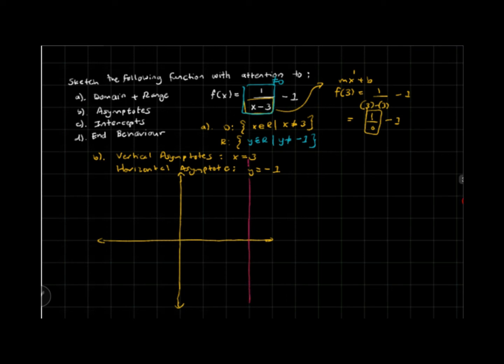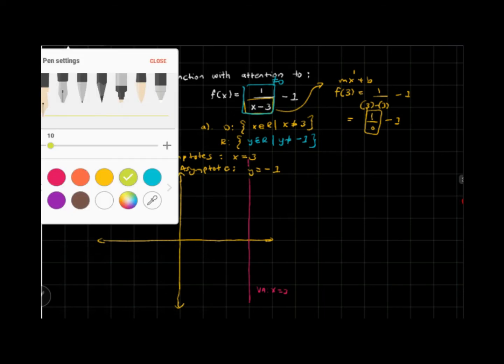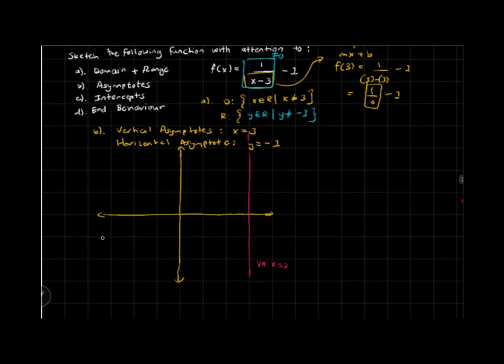So this is my vertical asymptote, x is equal to 3. I'm going to make each of these giant squares go up by 1. And my horizontal asymptote, I'm going to do this in green. My horizontal asymptote is y is equal to negative 1. So these asymptotes act as essentially a boundary or a barrier, and it prevents the graph from crossing these points.